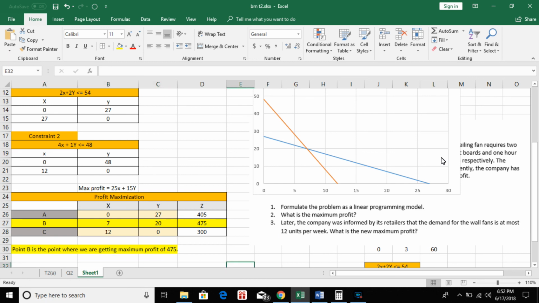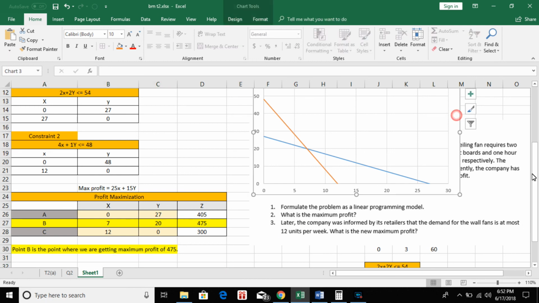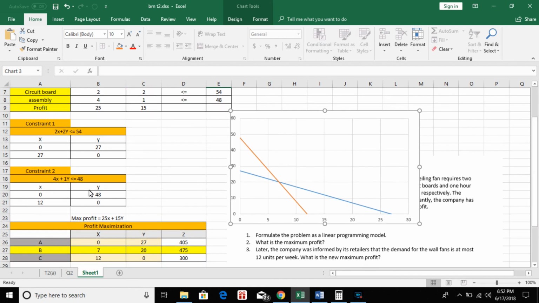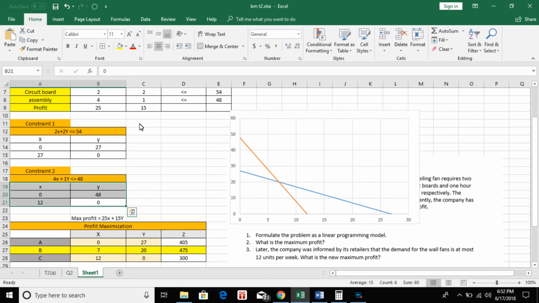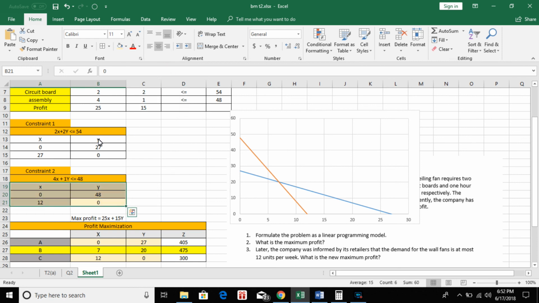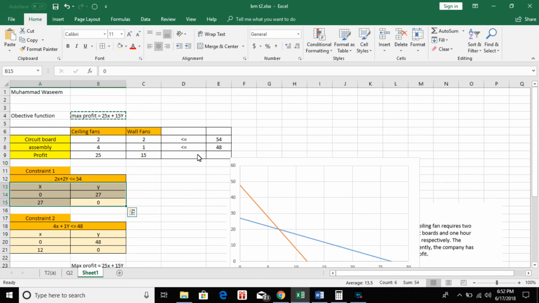So done. After doing this, just make it a bit nicer by adding a few colors. So this is all we are done with.